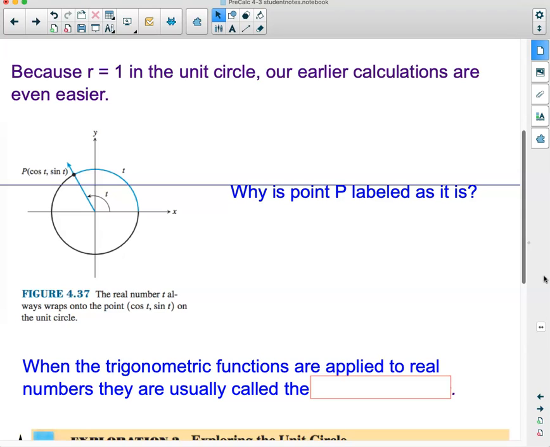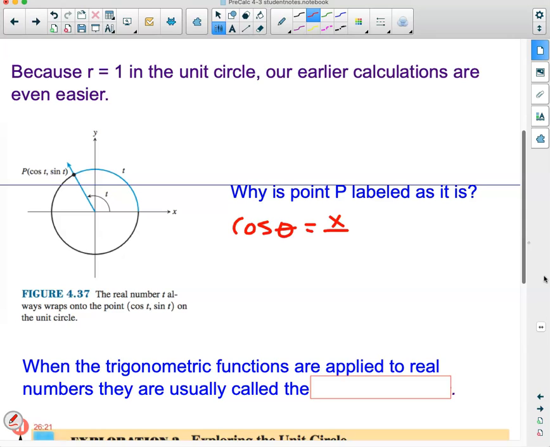Really? So to find an ordered pair anywhere on the unit circle, all we need to know is cosine and sine of t? Absolutely, because of choosing r as 1. Now, why is point P labeled as it is? Well, let's see.